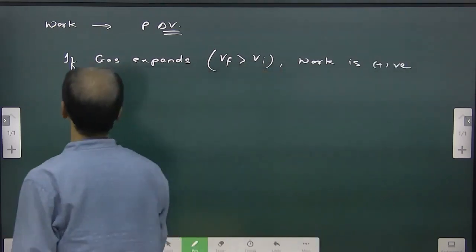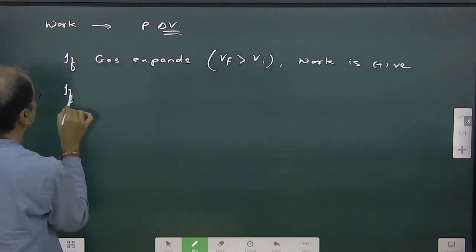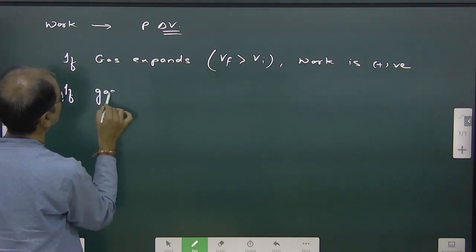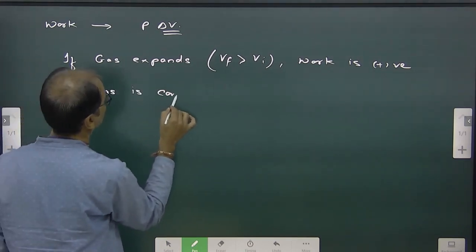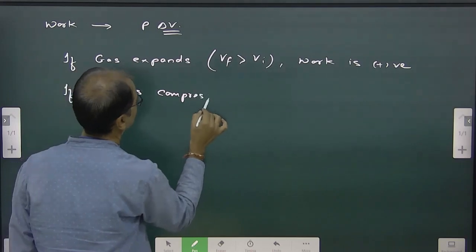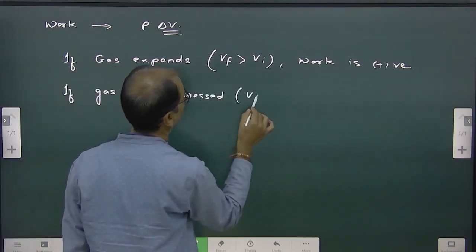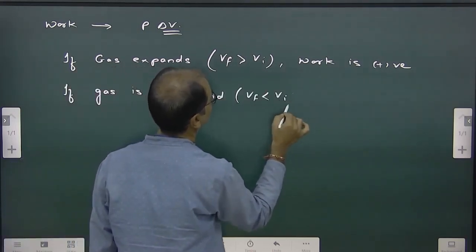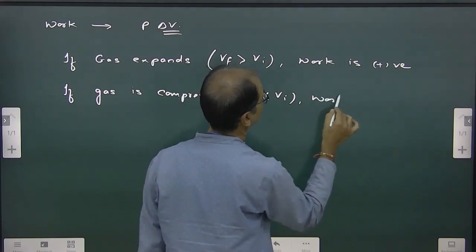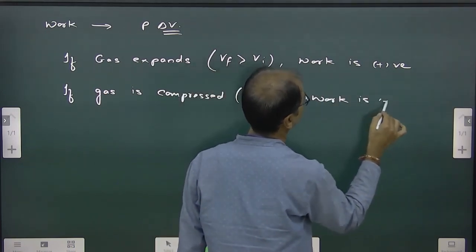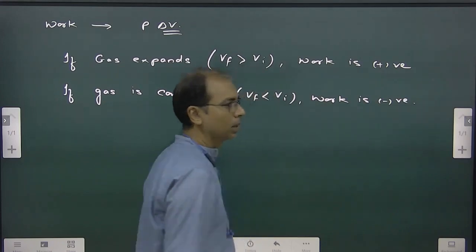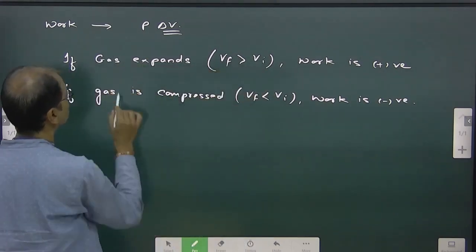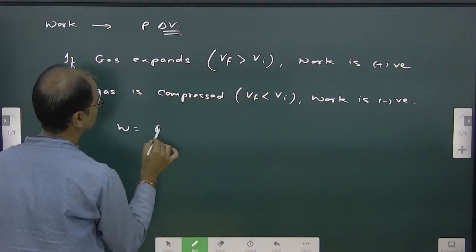And if gas is compressed, then V final will be less than V initial and work done is negative. So P delta V is the work done when pressure is constant.